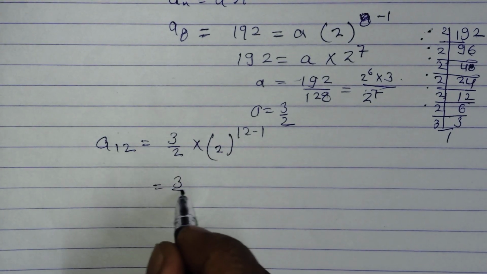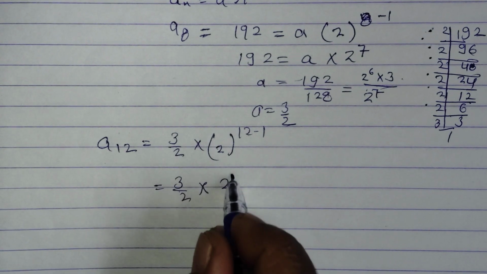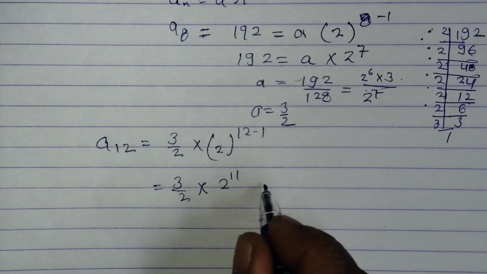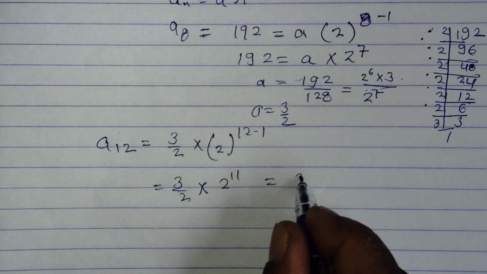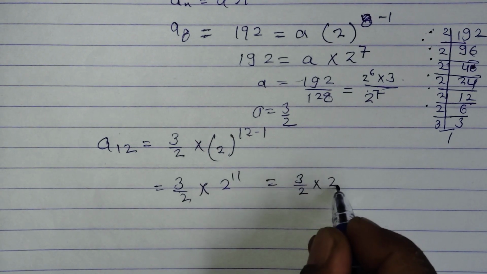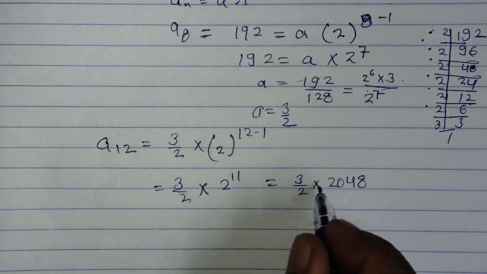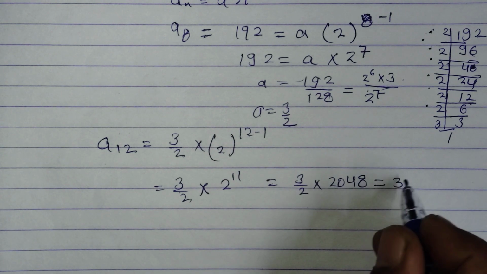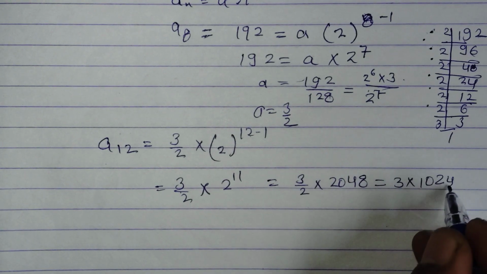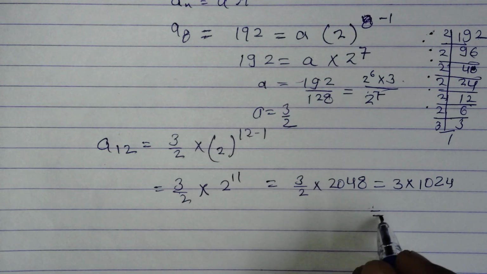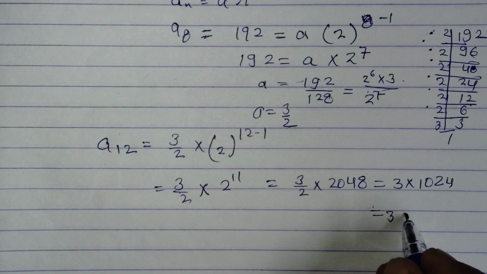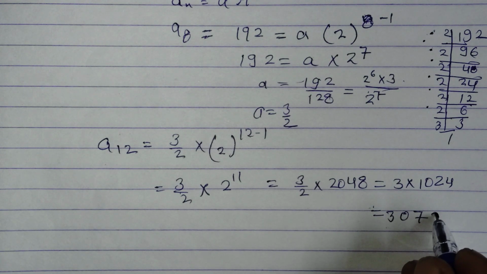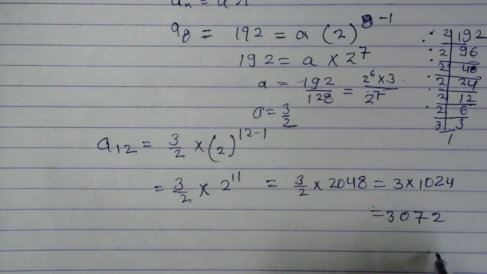So 3 by 2 times 2 raised to power 11. 2 raised to power 11 is 2048. So 3 by 2 into 2048. The 2 cancels with 2048, we get 1024 into 3, which is 3072. 3072 is the answer.